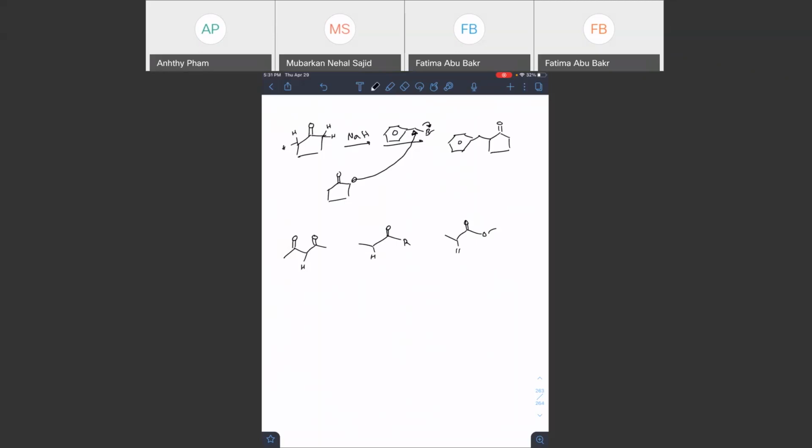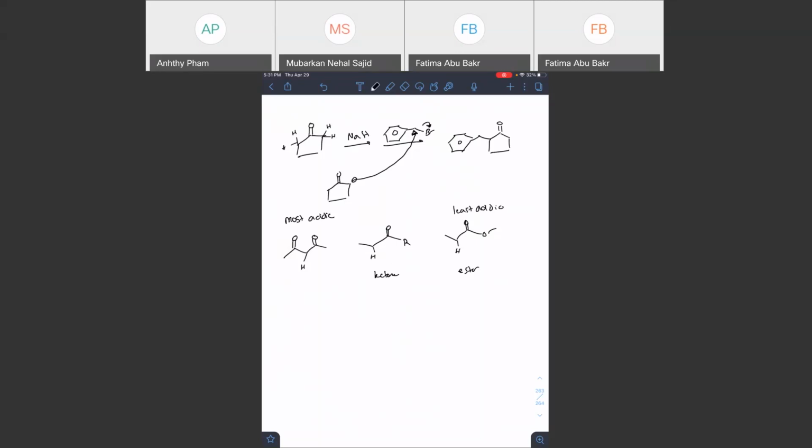So being an alpha hydrogen to an ester is less acidic than being an alpha hydrogen to a ketone, right? The ketone, and this is the ester. So this would be the most acidic, and this would be the least acidic.